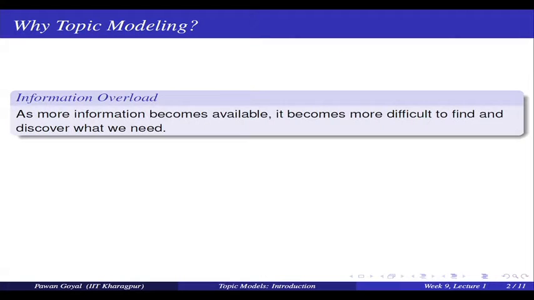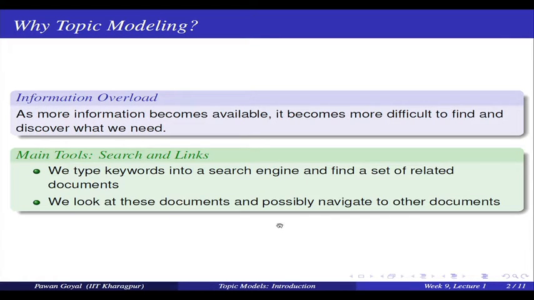So what is an easy way in which you can organize this data, which can help you to search or browse through this data much more effectively? Right now, what are the main tools that we use for searching different information?